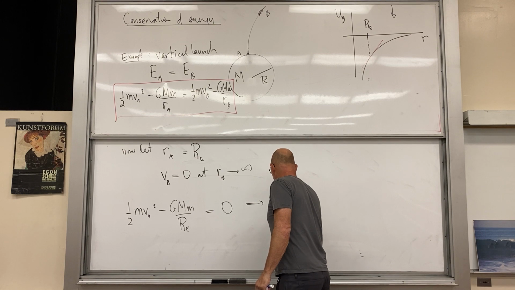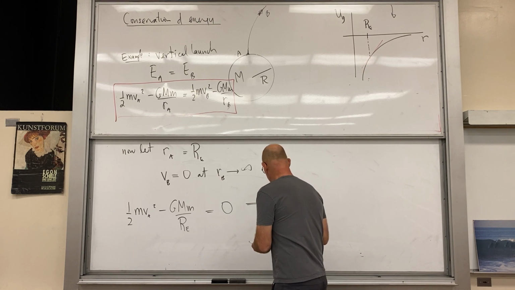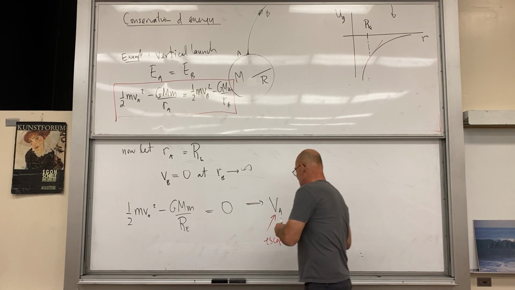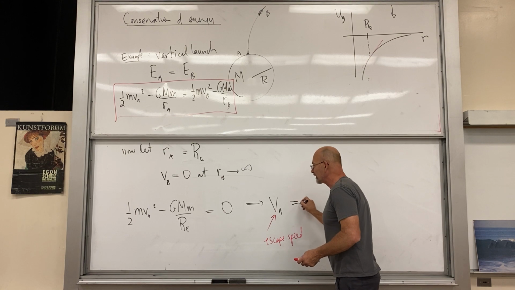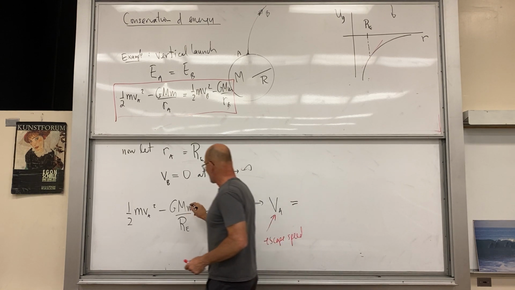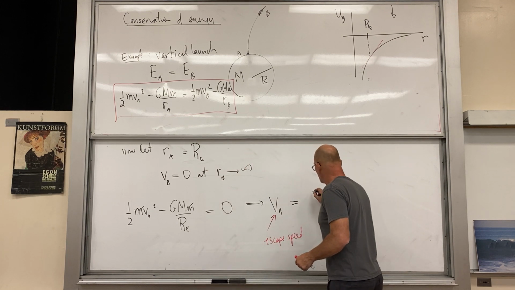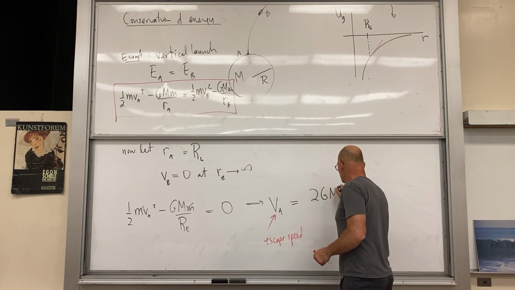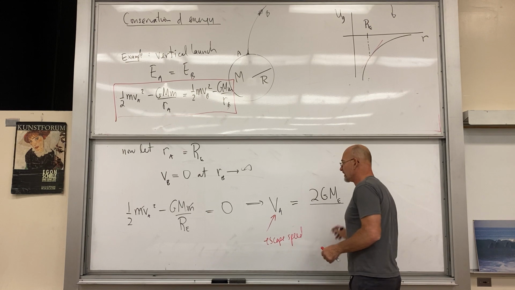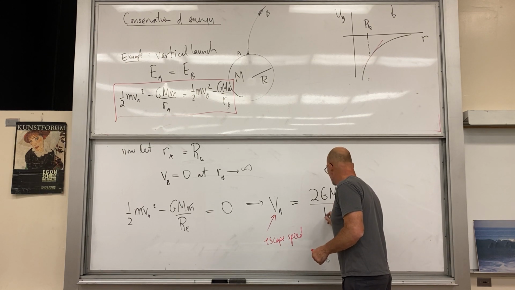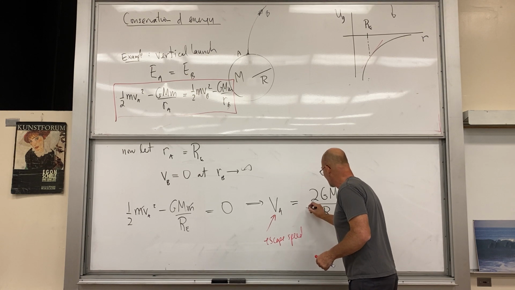So v sub A, and I'll say that it's the escape speed, is equal to, just by canceling the m's and cross multiplying over, 2G mass of Earth divided by the radius of Earth. Take the square root.